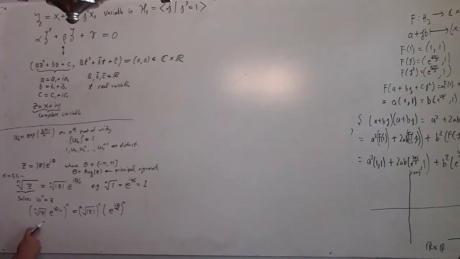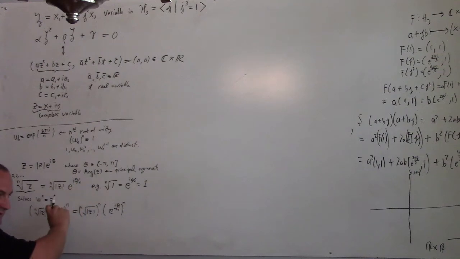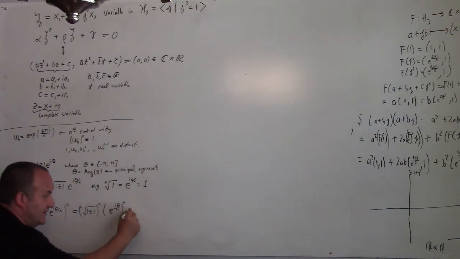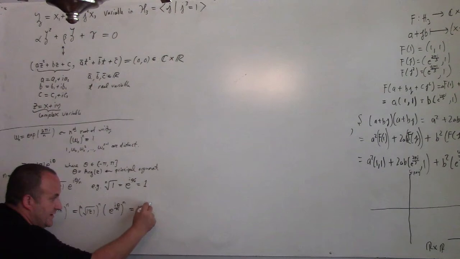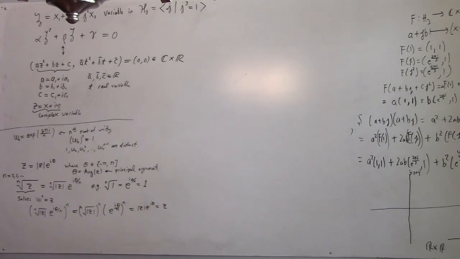But you can prove by induction or whatever that this is e to the i theta over n times n. The n's cancel, and you get i theta. Over here, you just get the modulus of z. So you get the modulus of z times e to the i theta, also known as z. So this is a solution to this equation.